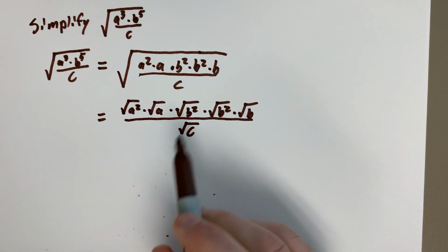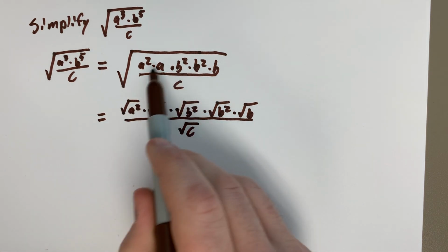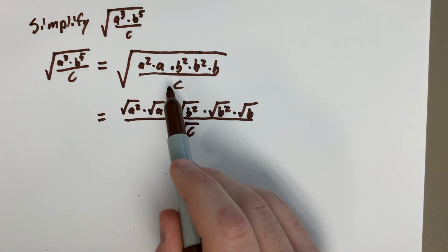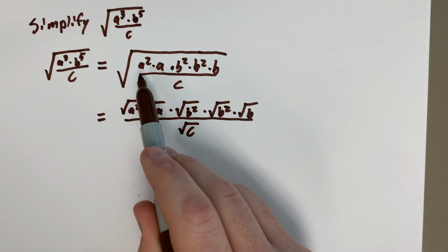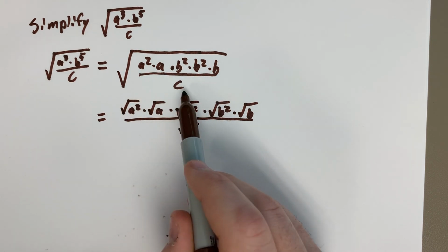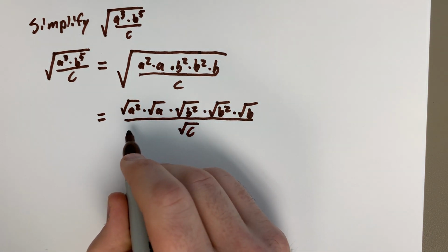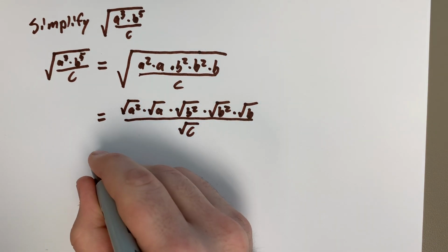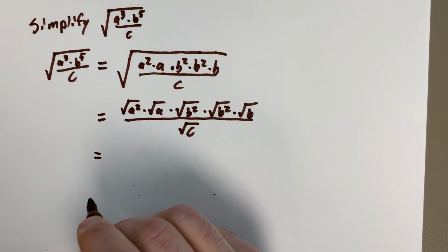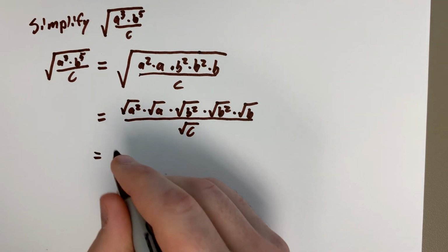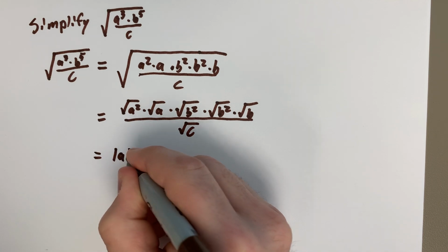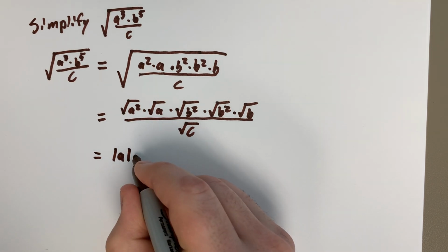Okay? So basically, I took the radical, and since all I have inside the radical was multiplication and division, the radical could be applied to every single factor and every single thing in the denominator. So, what does this give me? Well, I have a square root of a squared. Since a is a variable, and we don't know if it's positive or negative, we have to put absolute value bars on it. So we have absolute value of a.